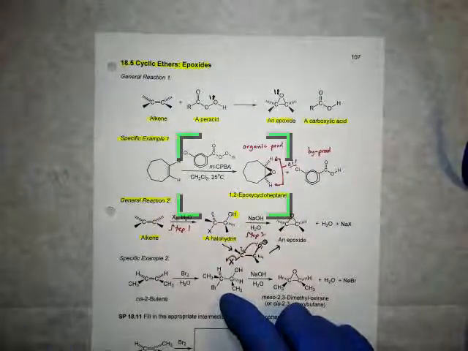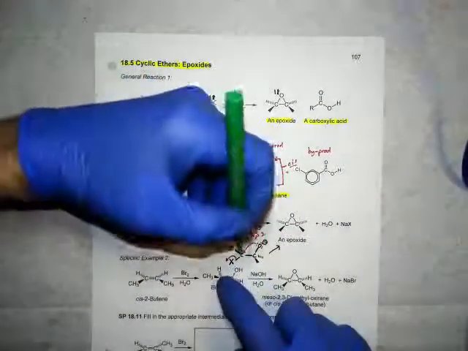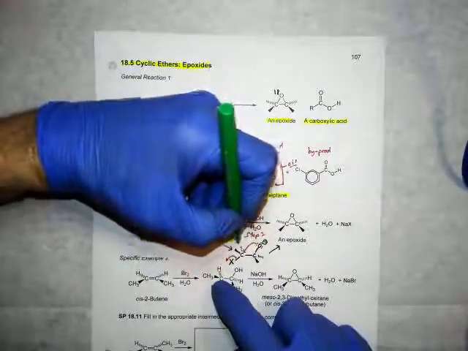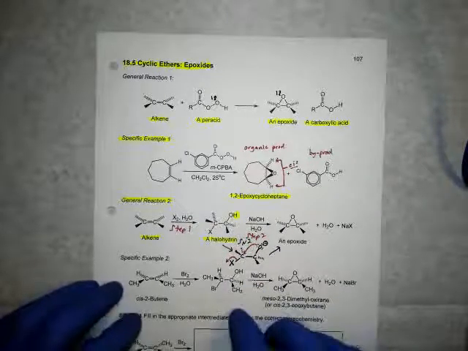Do I remember what this reaction is called? This intramolecular reaction in step 2? It's an SN2. This is an SN2 reaction. The distinction here is an intramolecular SN2 reaction. Now, that's a generic example.